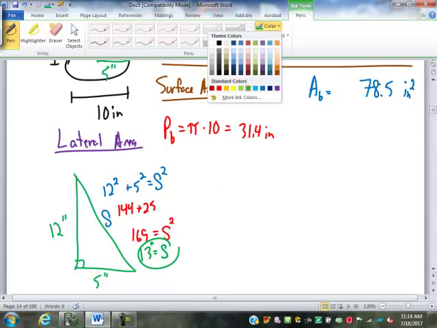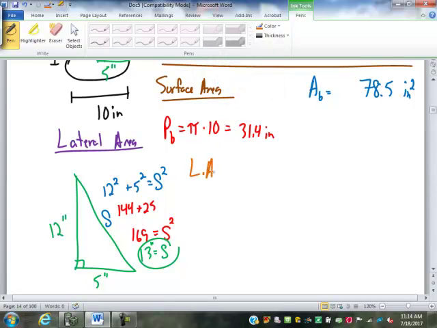So now we can do the lateral area, which is the perimeter of the base, the 31.4 inches, times the slant of 13 inches. But still, it's a triangle, so it's divided by 2.